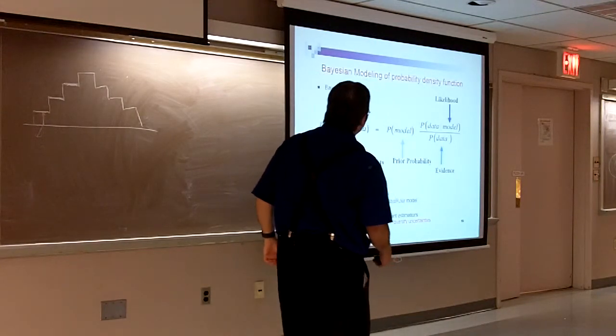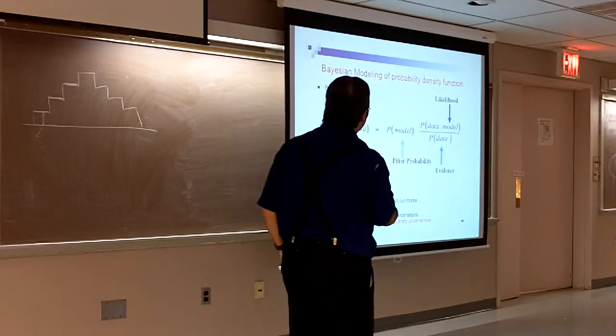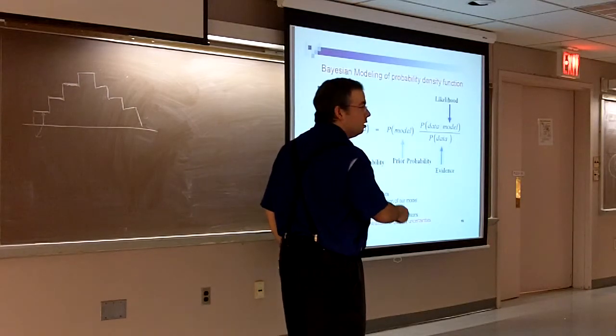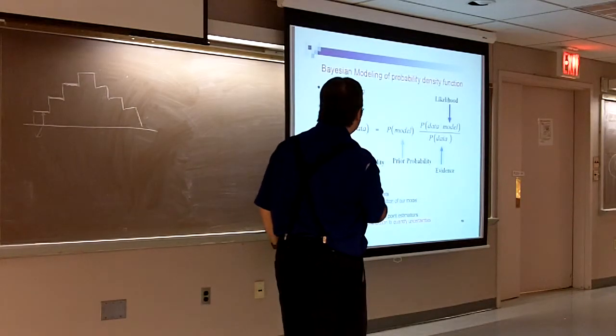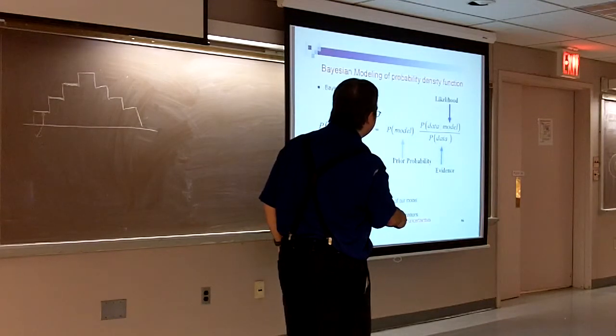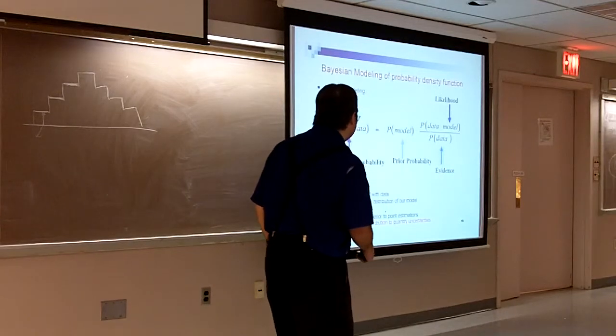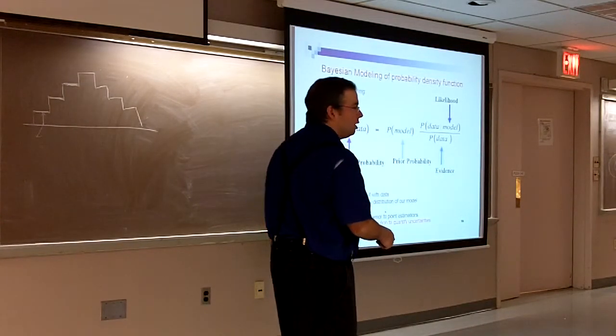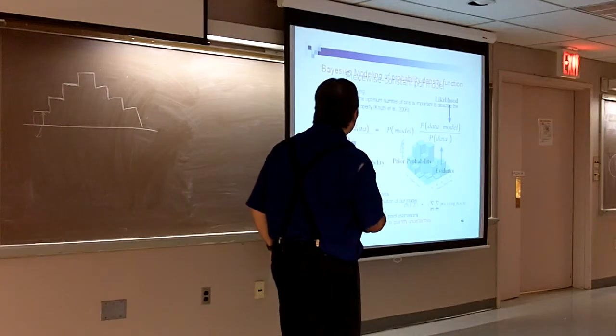And this is the Bayesian modeling of the probability density function. Everybody knows the Bayesian formula. This is the posterior, this is the prior, this is the likelihood, and this is the evidence. This is how we do our updates using the prior and the likelihood.